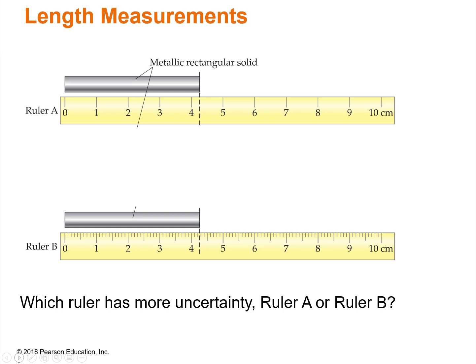The easiest way that you can visualize this is with length measurements. So we're going to go through kind of a practice example talking about how to read the length from a ruler and take into account the number of significant figures you're supposed to have based on the markings on the ruler. And then we're going to determine which ruler has more uncertainty.